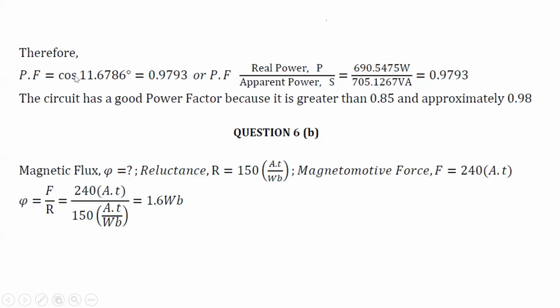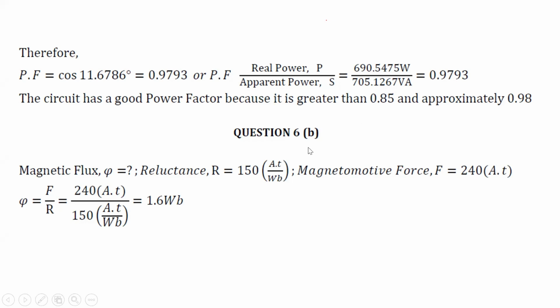Then the power factor, which is cos theta, is equal to real power P over apparent power. And our power factor is cos 11.6786, which is 0.9793, or we say 690.5475 divided by 705.1267. And that gives us 0.9793.